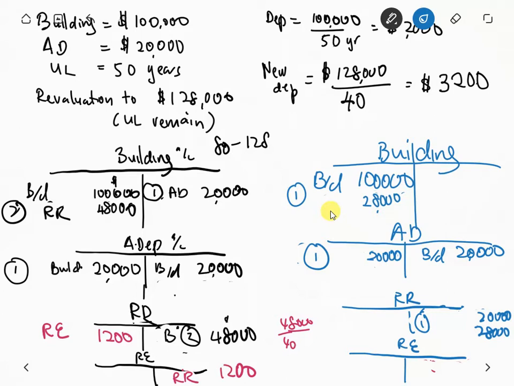Anyone? You prefer method 1 or method 2? Method 1. Method 1. Method 2, anyone? Nobody understands. Okay. So, if you are familiar with method 1, go ahead, practice on method 1. If you are familiar with method 2, go ahead with method 2. Okay? Same.